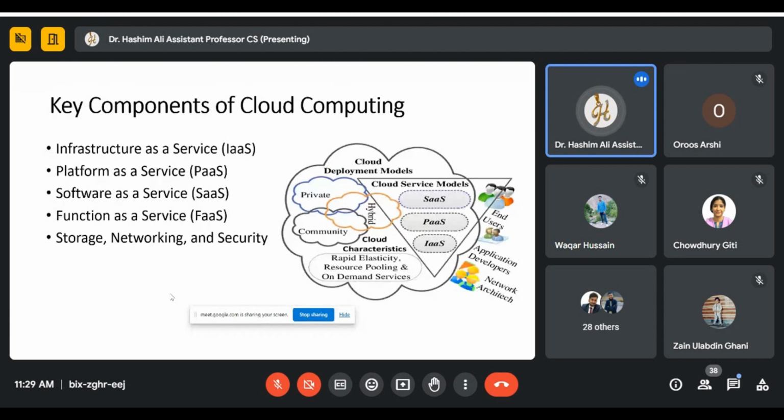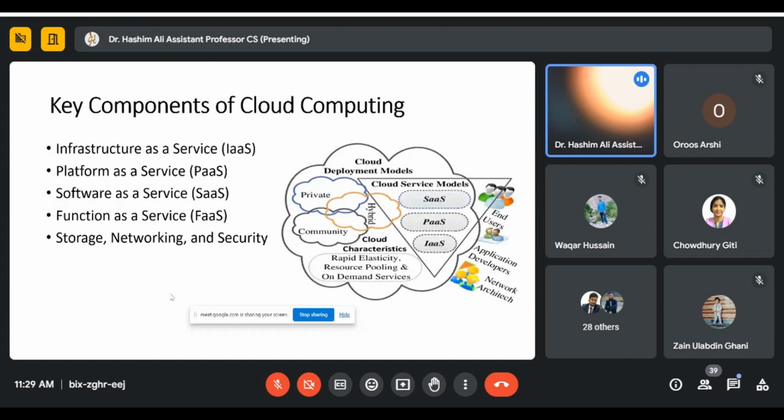As infrastructure is provided, there are different platforms available, and those platforms are also offered as a service. We call this platform as a service, where we have the development platform or deploying platform, to manage applications without being involved in the complexity of building and maintaining a particular infrastructure. The platform is provided to the end user.